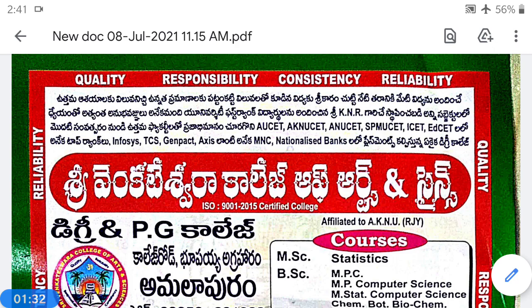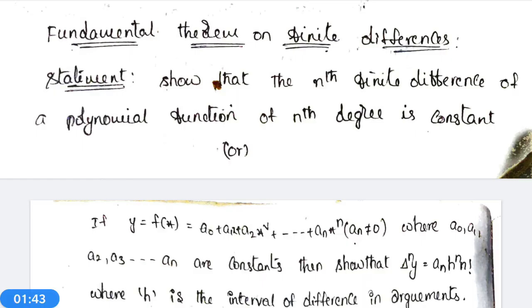This question is frequently asked in your semester examinations, hence be careful in listening to this theorem. So what is the fundamental theorem of finite differences? In the examination, the question is asked like this: state and prove the fundamental theorem of finite differences.